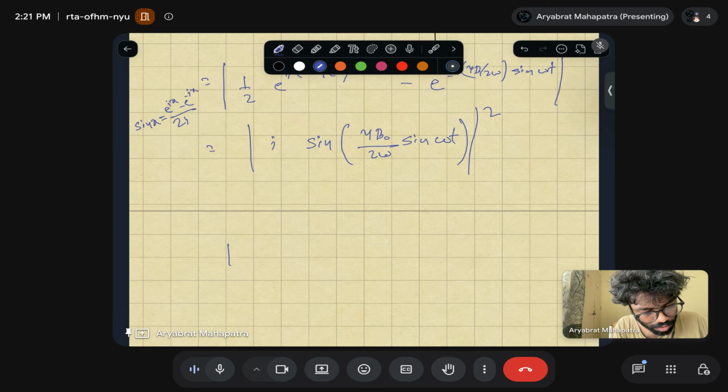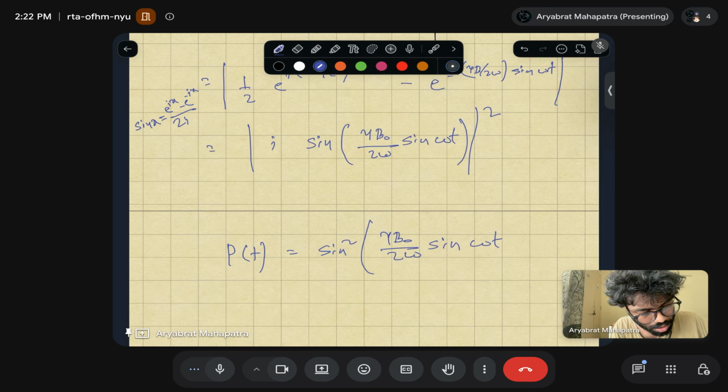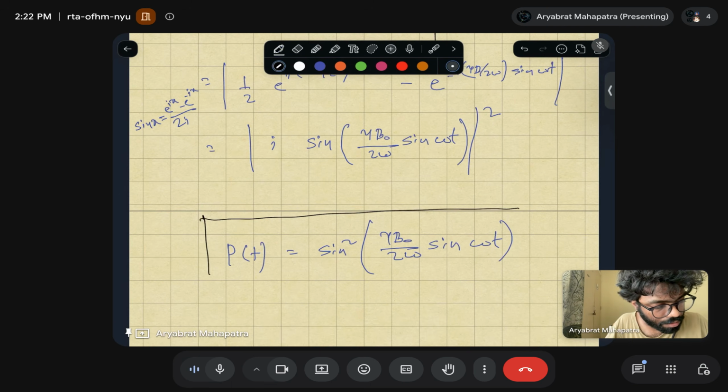So then finally you have the probability, which is sine squared of gamma B naught over 2 omega sine omega t. So this is what finally you will have.